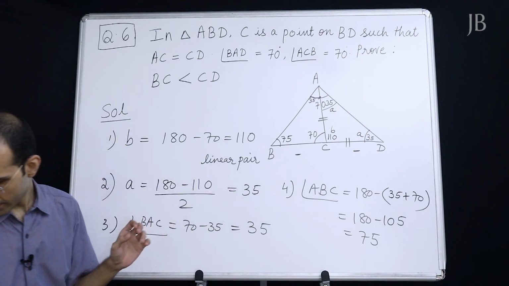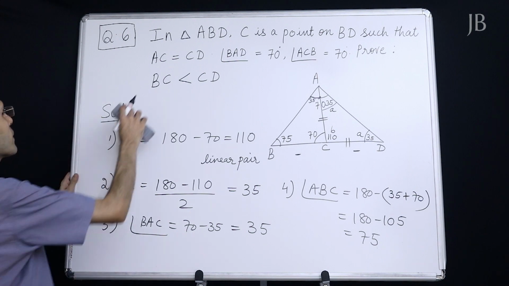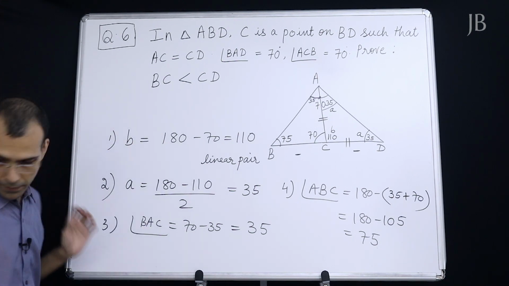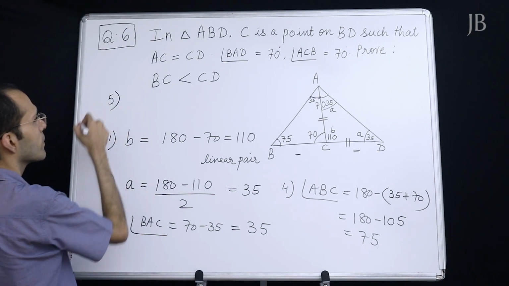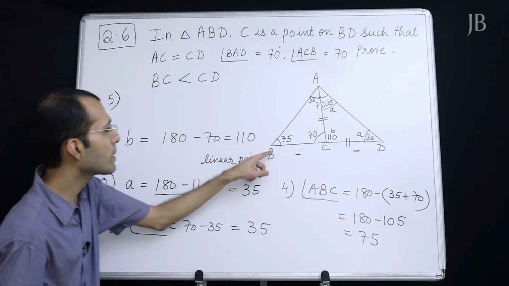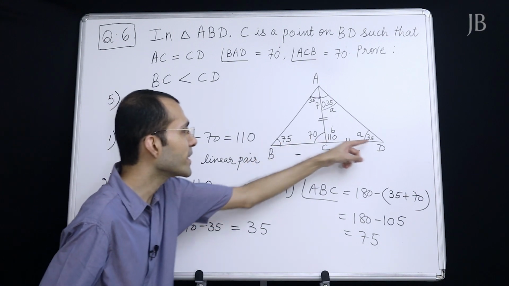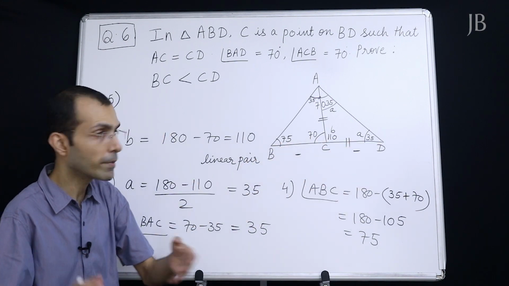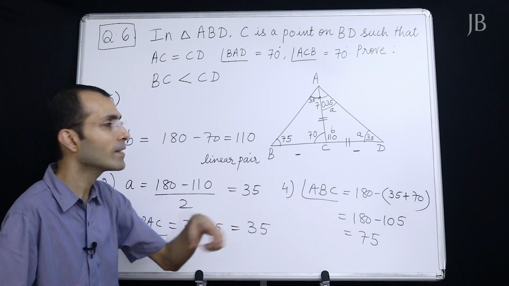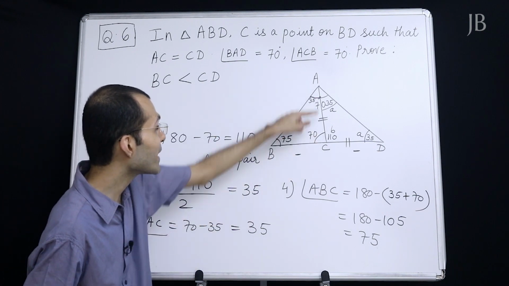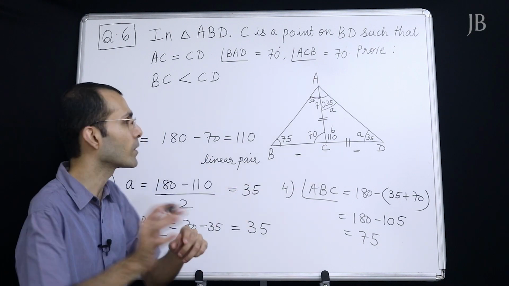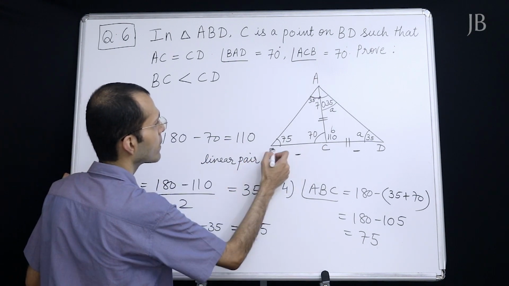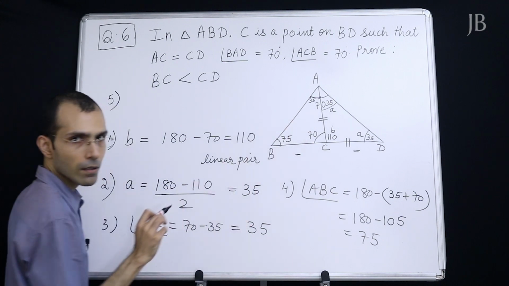So where will we take it? We'll take it here only. Statement number 5. We are supposed to compare BC with CD, but as I told you, directly we can't do it because they belong to two different triangles. So we'll compare BC with AC and then cross over to CD as AC and CD are equal. Now see, BC is opposite to which angle?